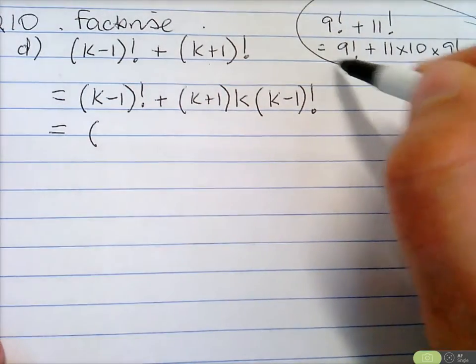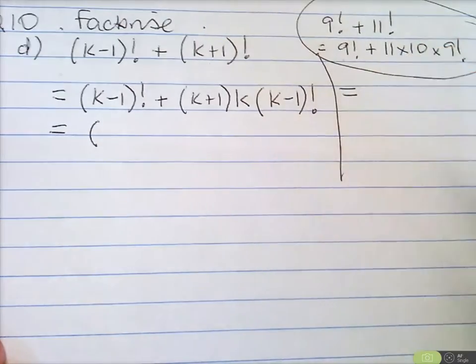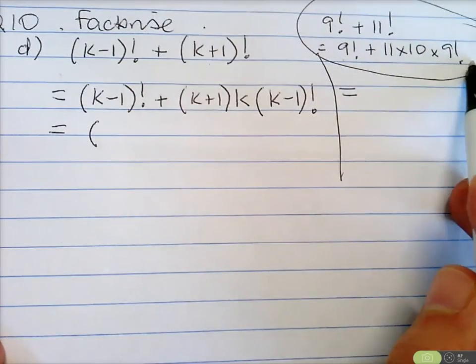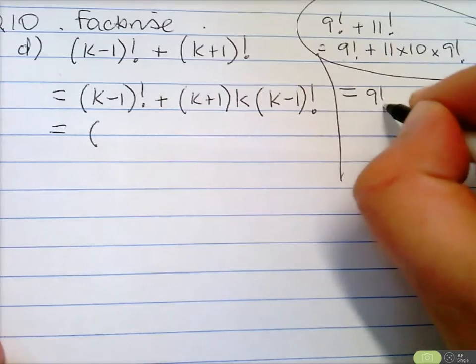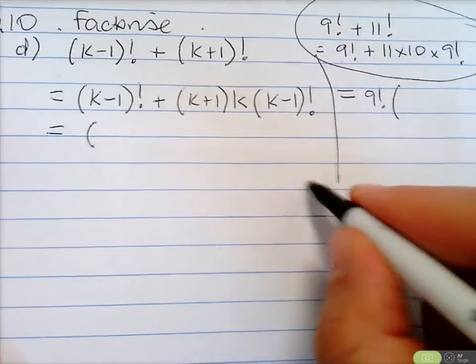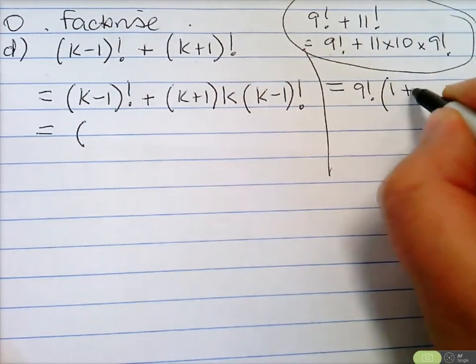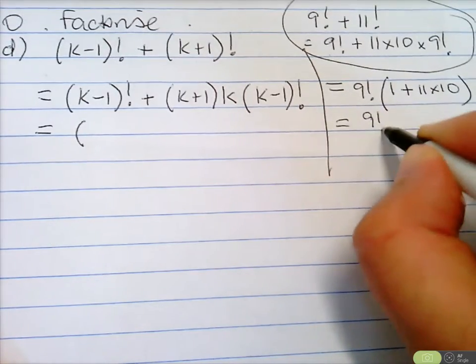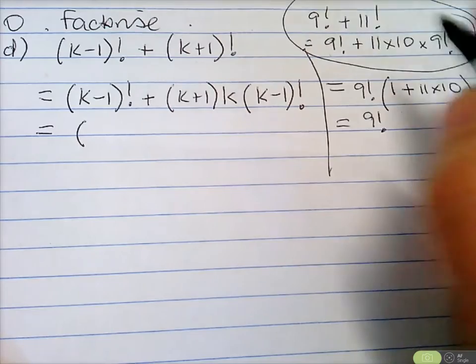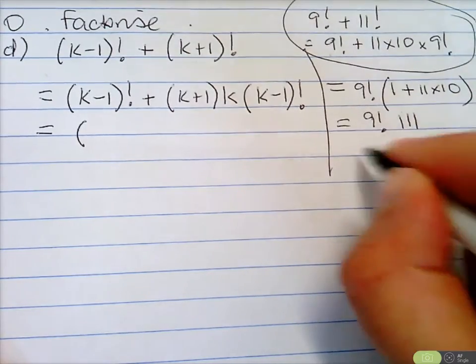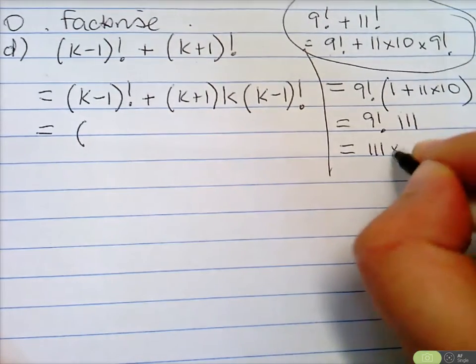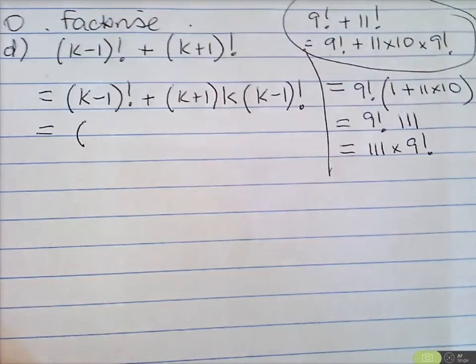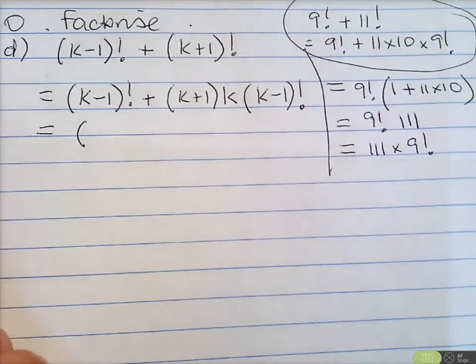Can you see here now, if I was to continue there, what's my common factor if I was to factorize this? 9 factorial, what would I put? 1 plus 11 times 10, 9 factorial, 1 plus 110 is 111. So this is 111 times 9 factorial.